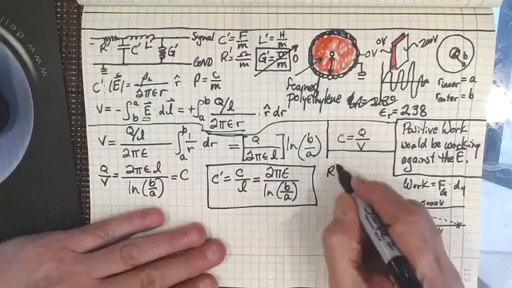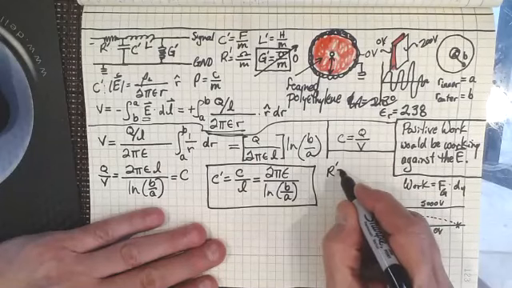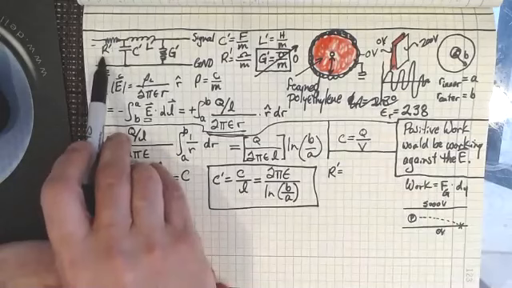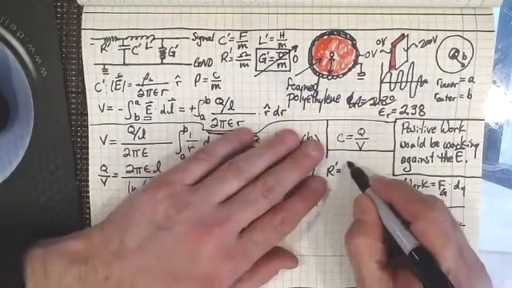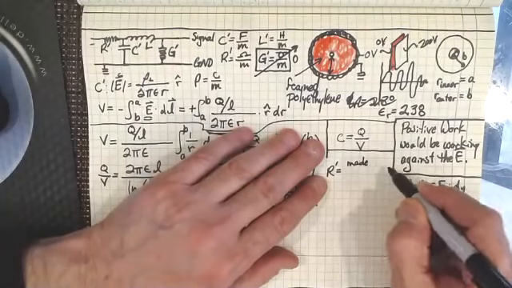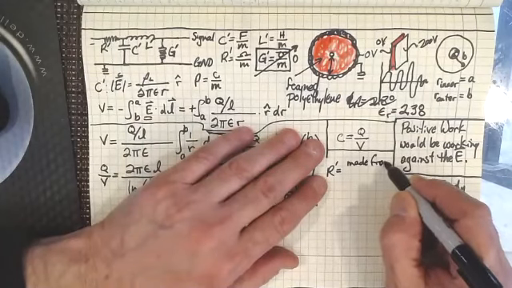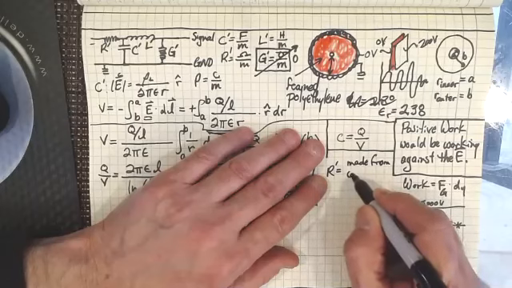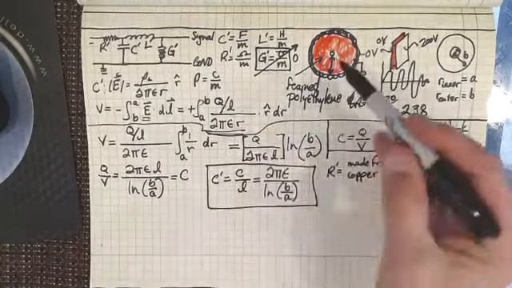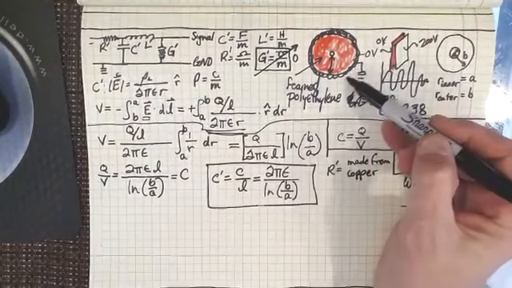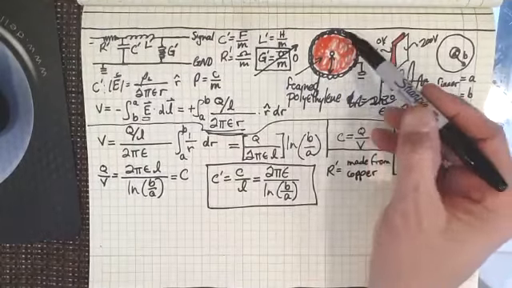Now R prime, why do I have resistance per unit length along this wire? Because it's made out of copper. This is for the signal wire. The signal wire is usually copper in a coaxial cable, but the outside ground shield is always made of aluminum.